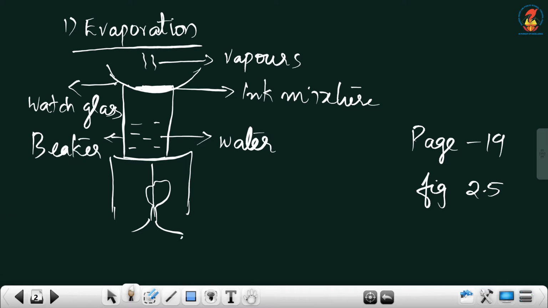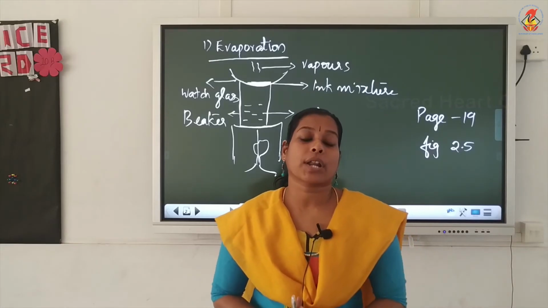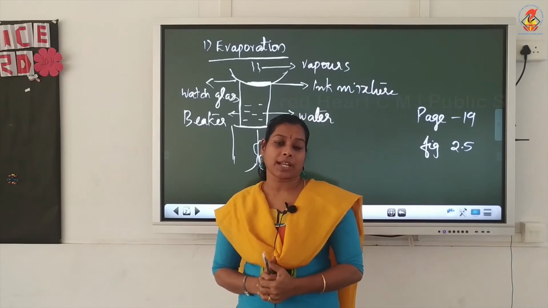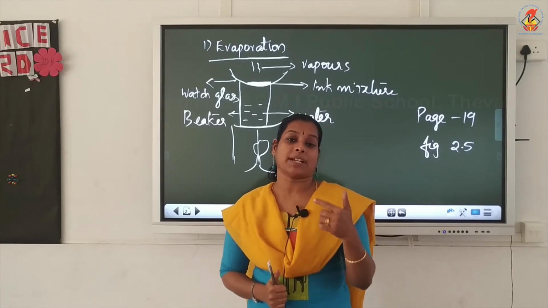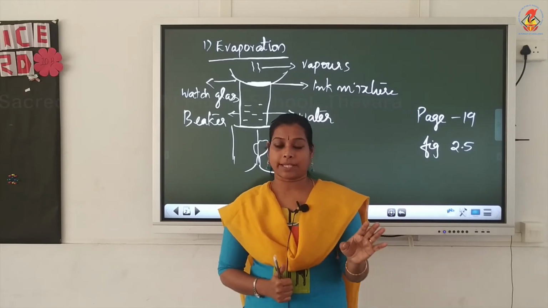So a solid component mixed with a liquid component will be separated from that mixture by adopting the method of evaporation. If we heat the mixture directly and it undergoes decomposition, we cannot adopt this method.